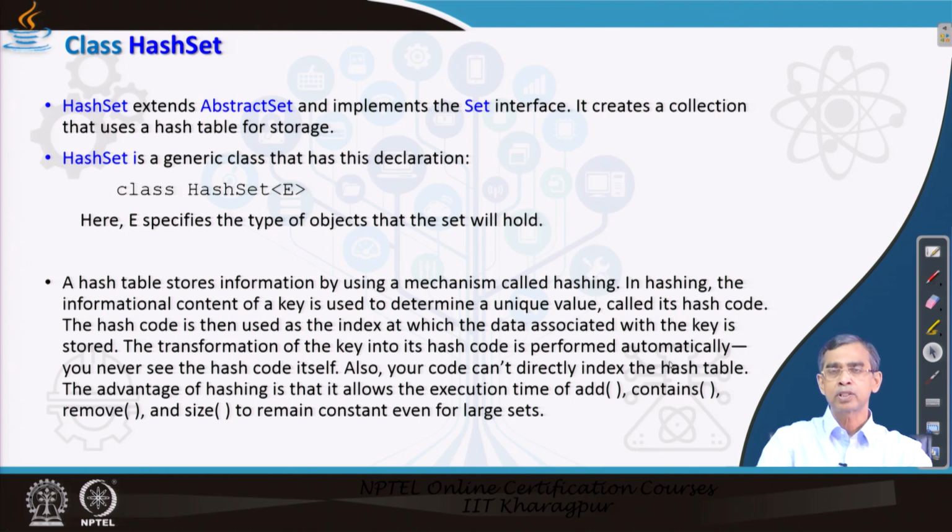Now, how is it possible? That concept is hash. Hash basically creates one hash code for every element. Hash code is something by which a particular element can be probed in a collection, whether it is present there or not. So, whenever you want to search for an element, you just create its hash code, then look up the table of all the hash values, and you can check whether the element is present and where it is present. So, this is the concept.